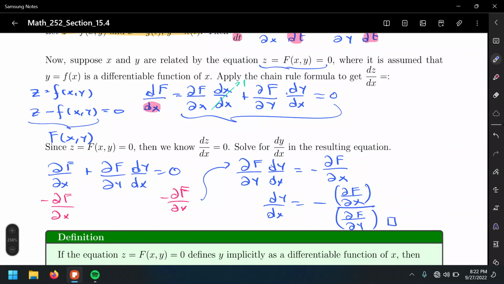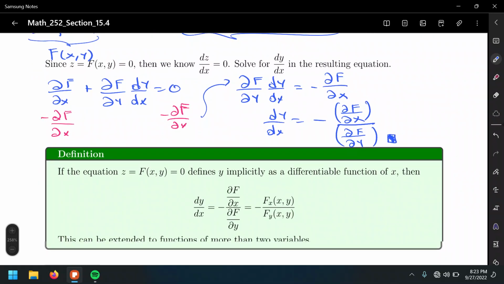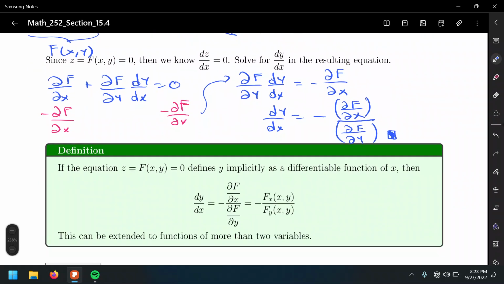In fact, this is the same formula that you will see in the definition box below. All right? So that's where the implicit differentiation formula is coming from, by using the general chain rule for two intermediate variables and one independent variable.